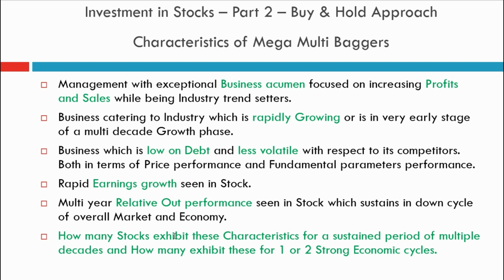The important question here is how many stocks actually exhibit this particular set of characteristics. There are about 1400 to, let's say, 1600 stocks trading in the market. Now, how many of those actually turn out to be a 1000% return stock or a 1500% return stock? That is my main question. So which is why the buy and hold approach actually does not work on every stock. Each stock has its own business cycle, its own industry.